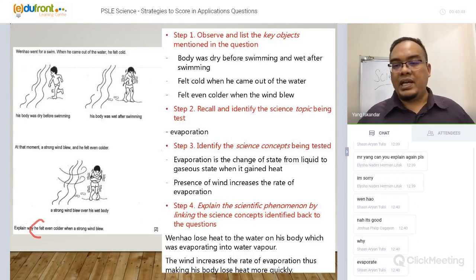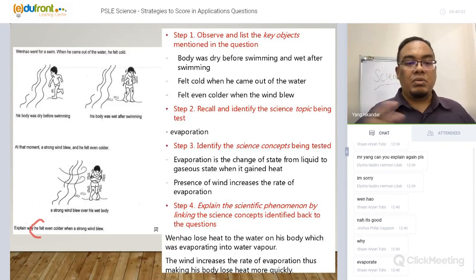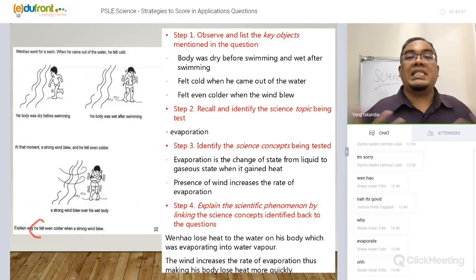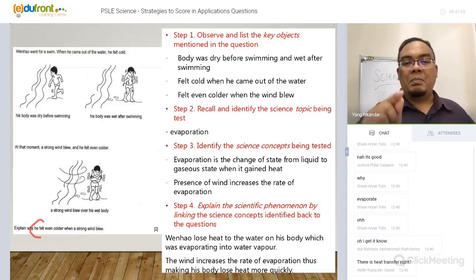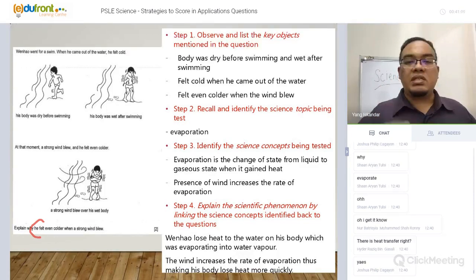When water evaporates, it must gain heat before evaporation can take place. So the water on his body was evaporating, so it must gain heat to evaporate. Where do the water droplets get the heat from? From his body. So Wen Hao loses heat. His body loses heat to the water droplets on his body, right?